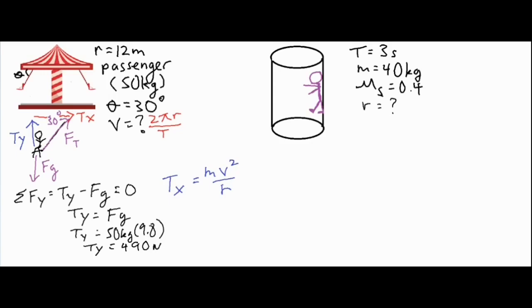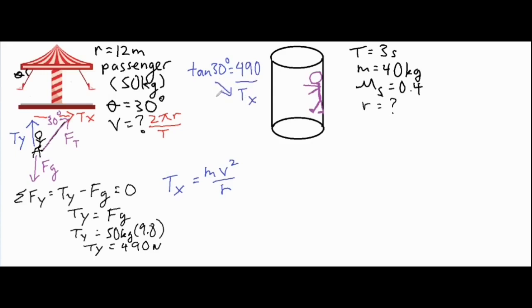Now, if I use a little bit of trig, then I can go ahead and find the x component there. So I can say that the tangent of 30 degrees, so tangent is opposite over adjacent, so the opposite is my Ty, and my adjacent is Tx.